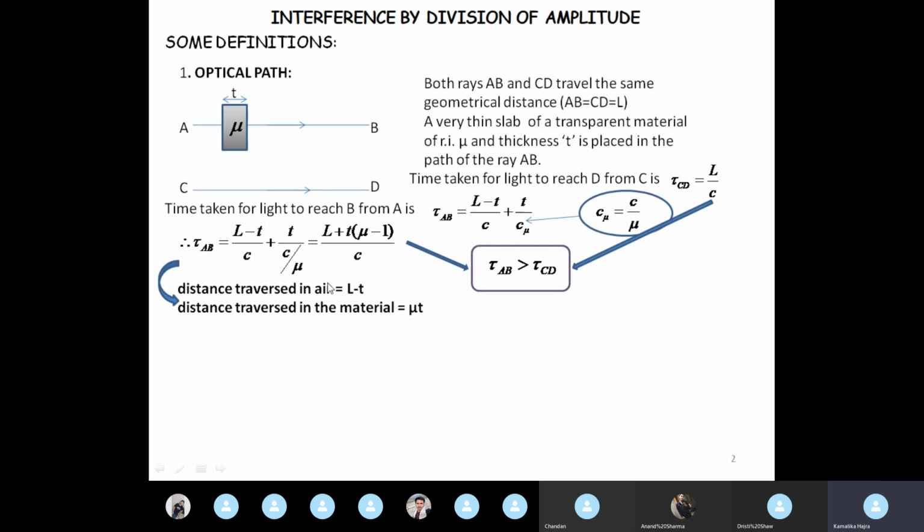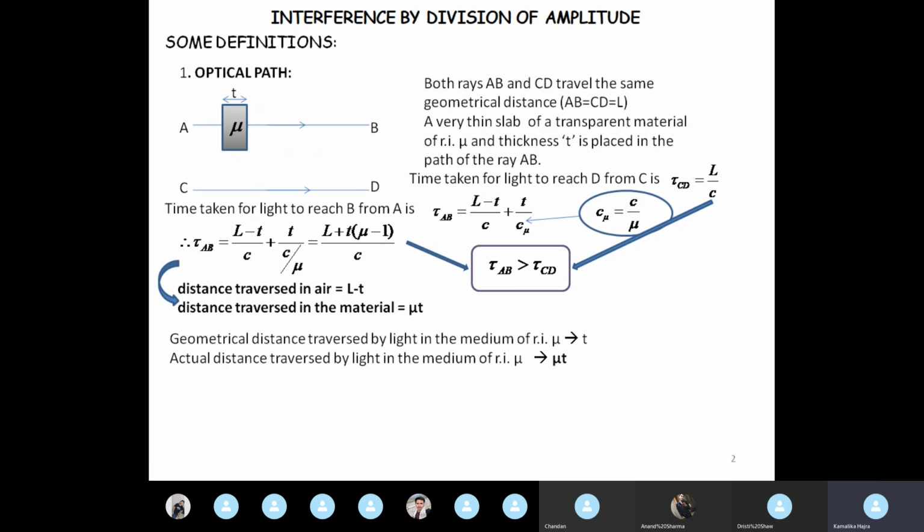If you take this expression, then this is basically distance divided by speed, and you can see that the distance traveled in air is L minus t, whereas the distance traveled in the material is not t but mu t. Okay, so the geometrical distance traversed by light in the medium of refractive index mu is given by t, that's the geometrical length of the slab. However, the actual distance traversed by light in the medium of refractive index mu is given by mu t.